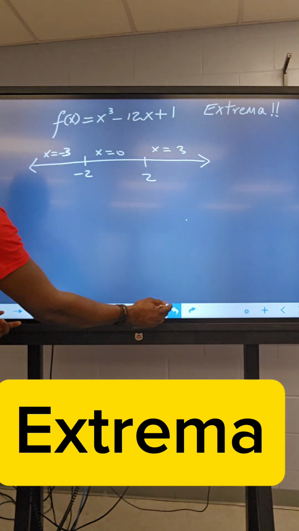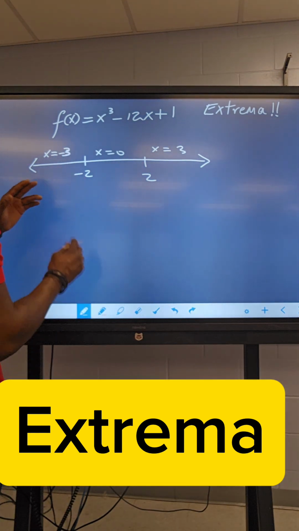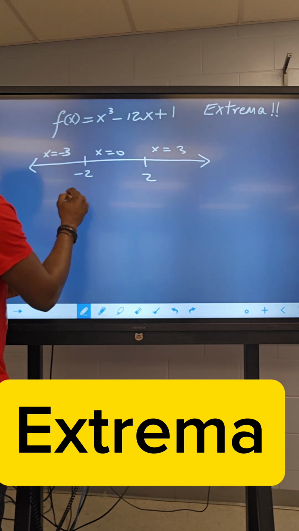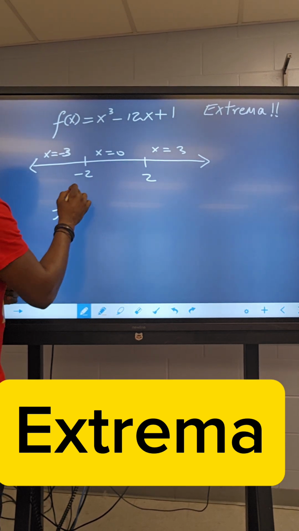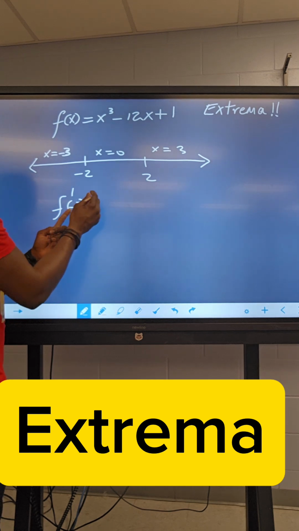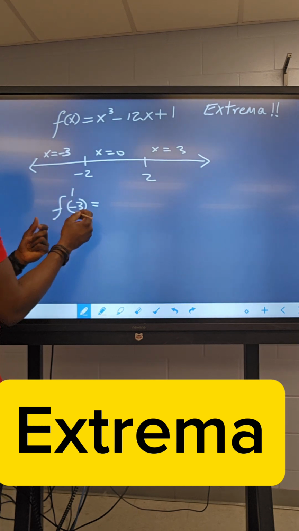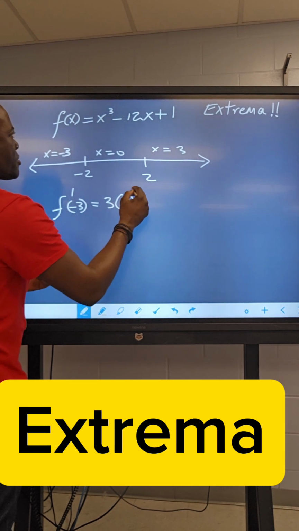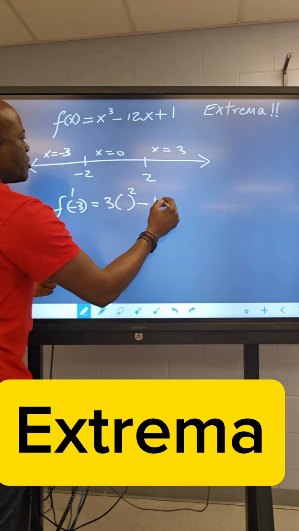So now we're going to substitute negative 3 into our derivative function. Our derivative function was 3x squared minus 12.